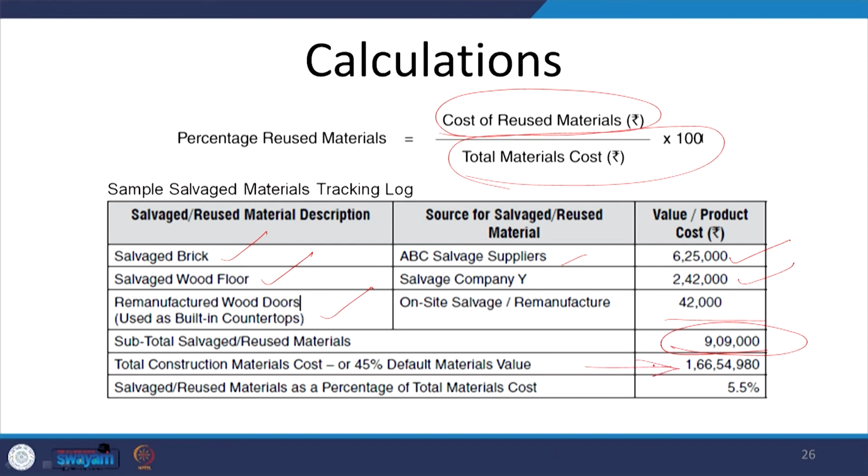And then for the basic total material cost, either we have the total construction material cost or we take it as a default value, which is 45% of the total cost of the project, and we calculate the percentage. Here 5.5 implies that this particular project complies with this criteria of material reuse.